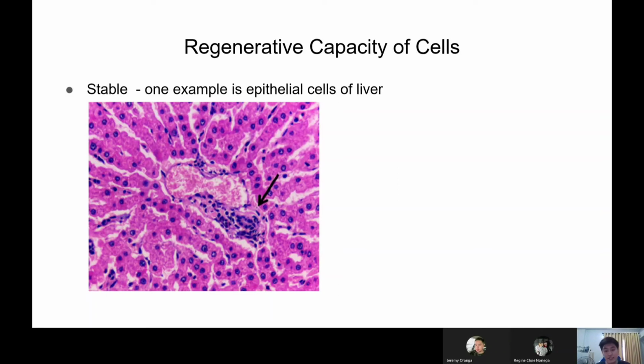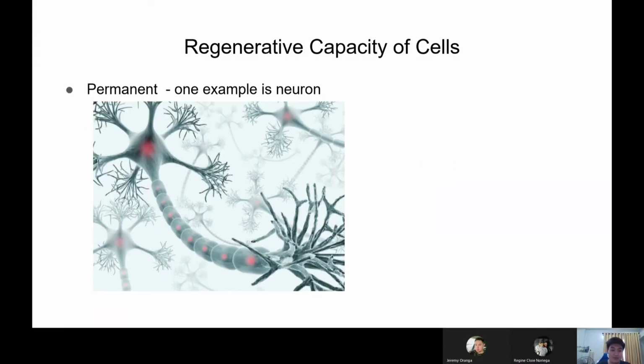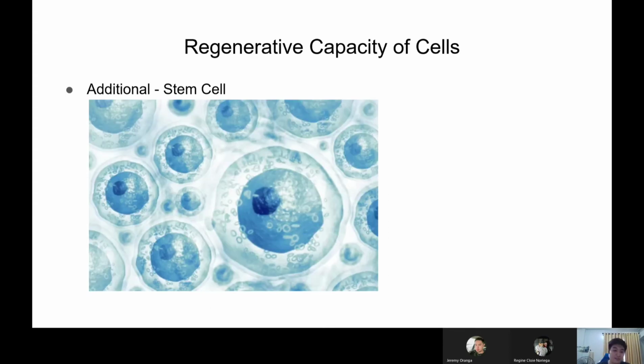But following tissue injury, they rapidly divide to replace damaged cells and have a longer lifespan. Permanent cells have no or very limited capacity to regenerate new cells. And for additional, stem cells. Stem cells are present in both labile and stable cell populations and have the capacity to differentiate according to the body or tissue requirement.